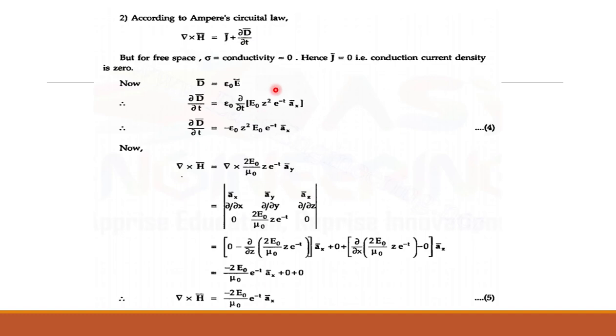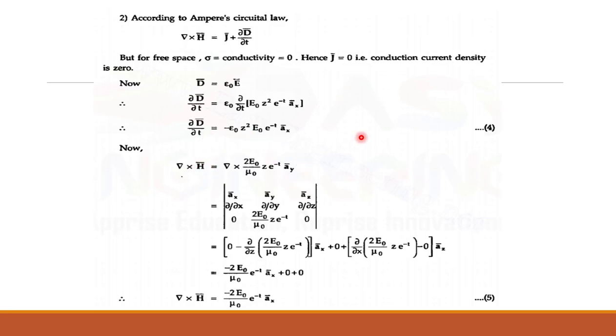Okay, so E bar we know already, so dou D by dou t we got this, right? So del cross H is equal to del cross of this equation, because dou D by dou t is nothing but del cross H. So del cross H is equal to del cross of 2E naught divided by mu naught Z, e raised to minus t, ay cap, because H is already with us.